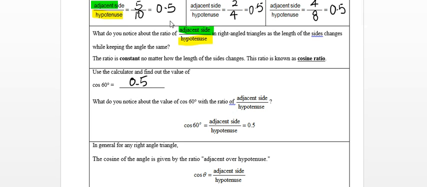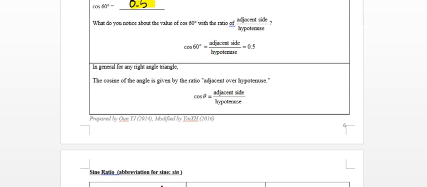All these values are 0.5. Therefore, in general, for any right-angled triangle, the cosine of a given angle is given by the ratio adjacent over hypotenuse.